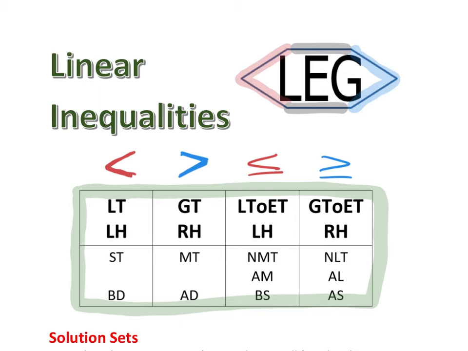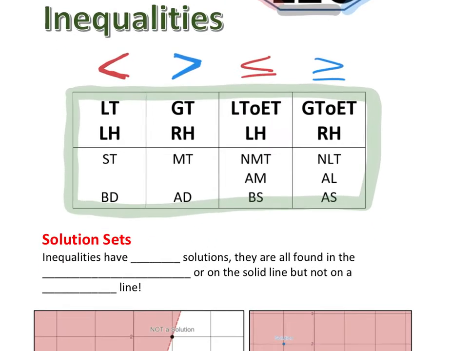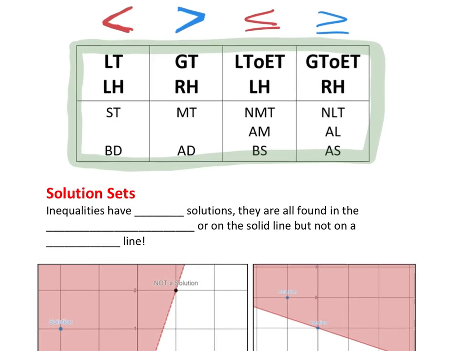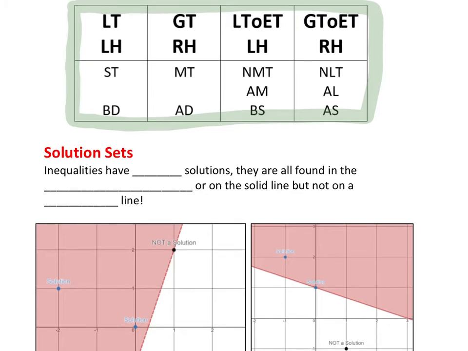Now, I didn't talk about the last little initials in each box, and that's because it has to do with graphing. Now, when we graphed a regular line or a system of lines, we are able to find one solution. It's where the lines crossed, where the line crossed the x-axis. All of those things are solutions, but inequalities don't have just one solution. They have many solutions.